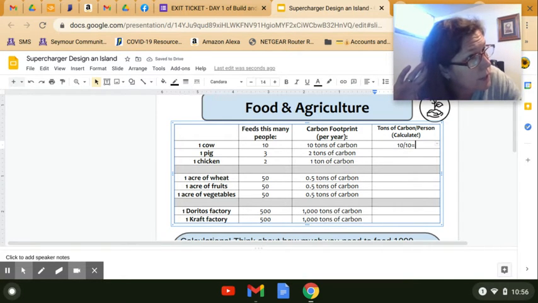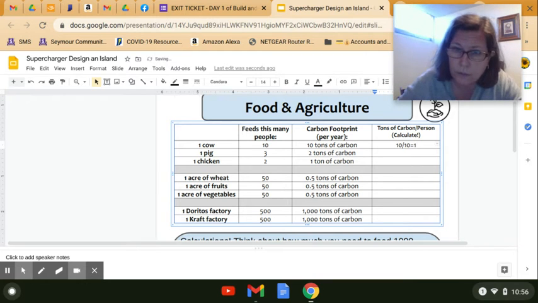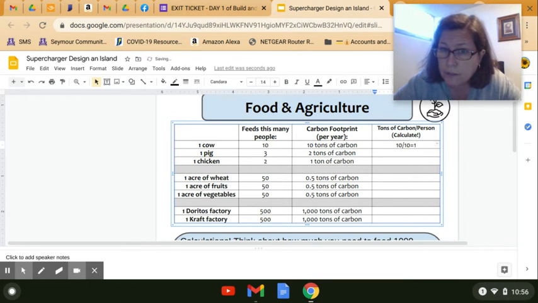Can't hear you. Oh, that's right, 1. So it's 1 ton of carbon per person. That's how much a cow produces. Seems like a lot, doesn't it? Per year. But we're trying to keep that amount small.